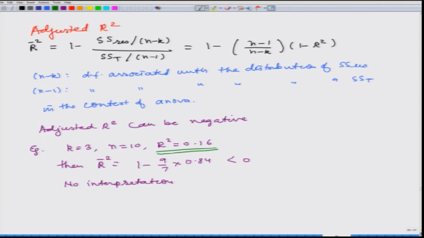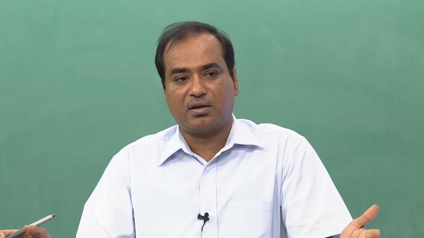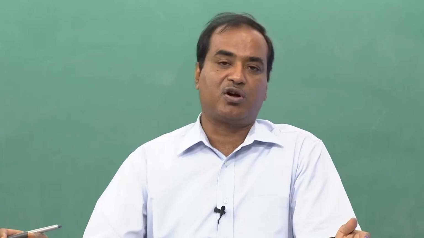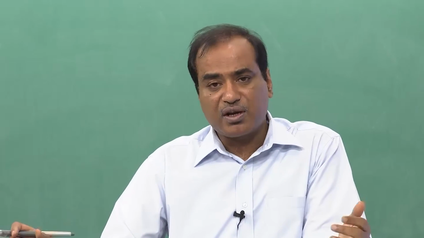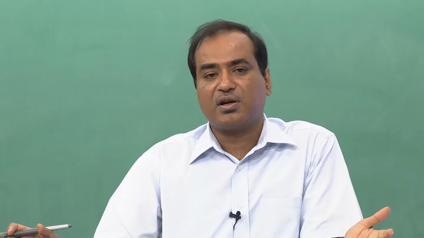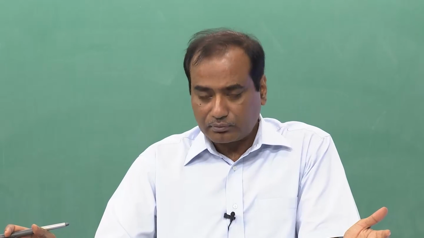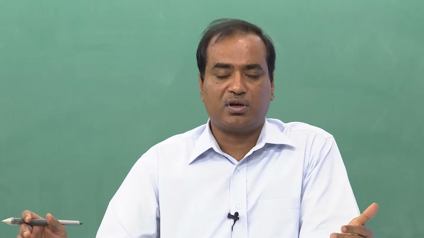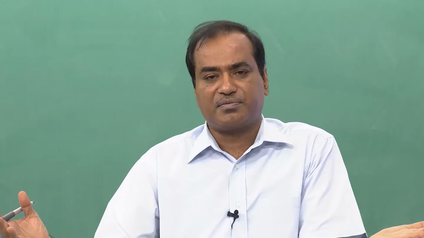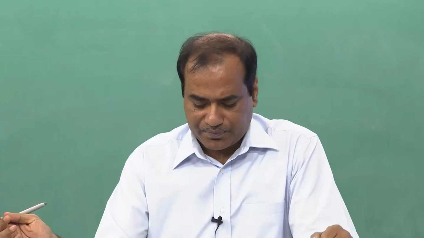So, obviously, this is already indicating that the linearity of the model is questionable. In this situation, I would not like to use the multiple linear regression model, but rather try to fit some other model.